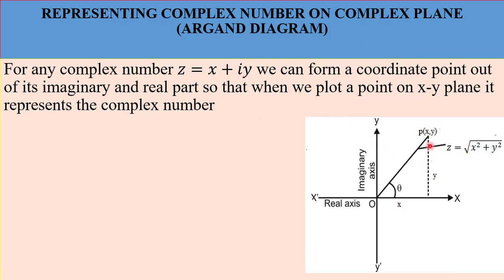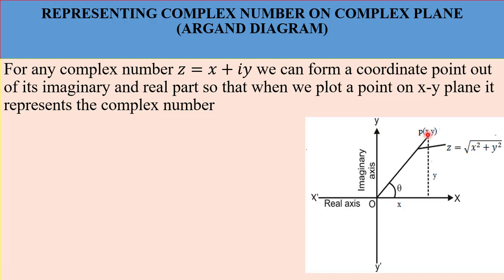So if we plot x on the x axis, which is the same as the real axis, and we also plot y on the imaginary axis, we shall have x on the real axis and y on the imaginary axis.